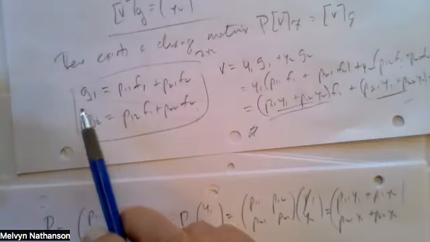To compute the change of basis matrix, I have to be able to write each vector in G as a linear combination of the vectors in F.